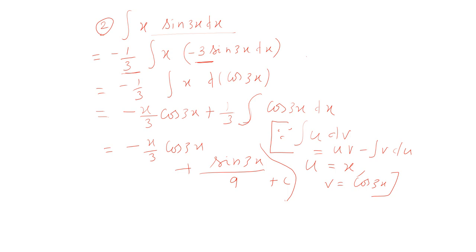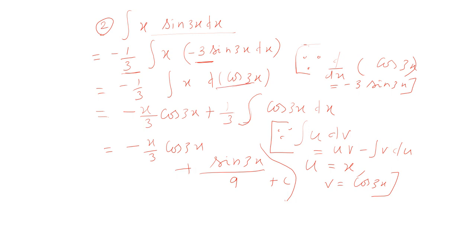If you want, you can write in brackets d by dx of cos 3x is simply minus 3 sin 3x. Just cross multiply dx, I'll get d of cos 3x as minus 3 sin 3x dx.